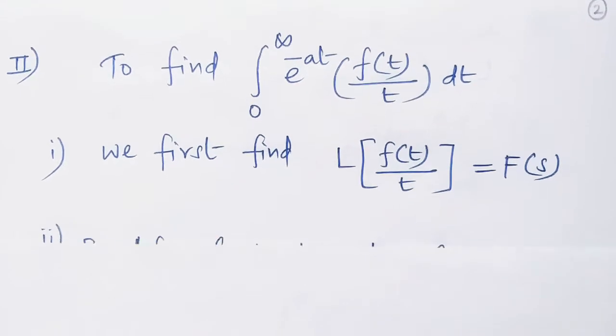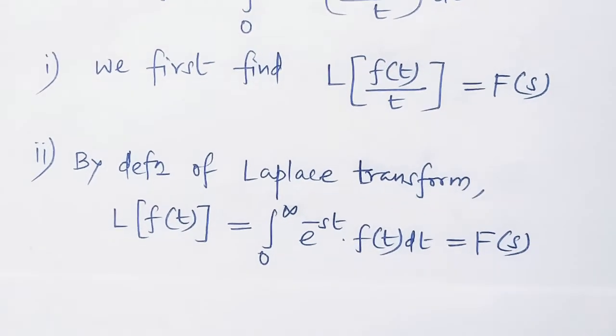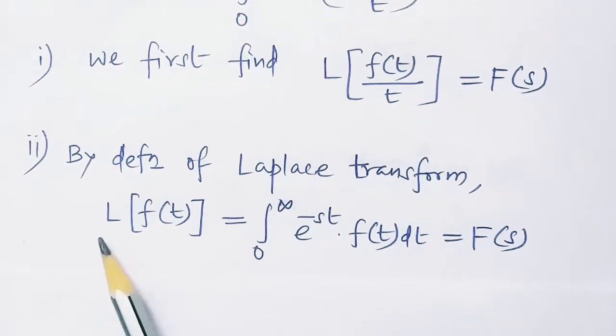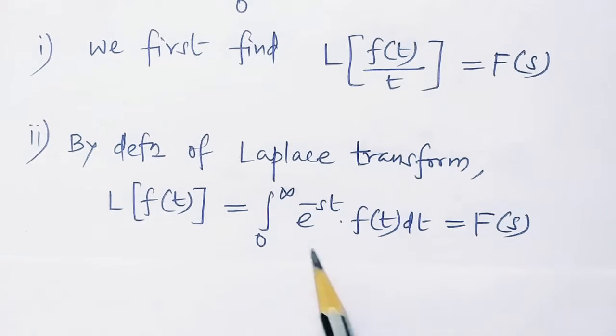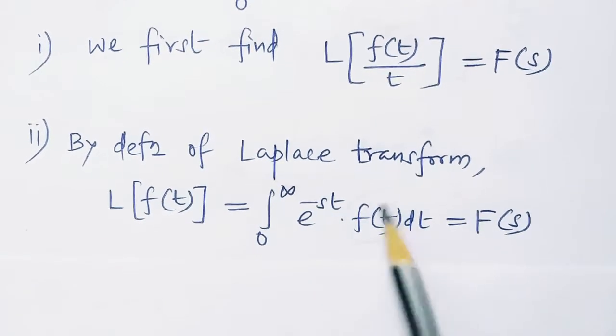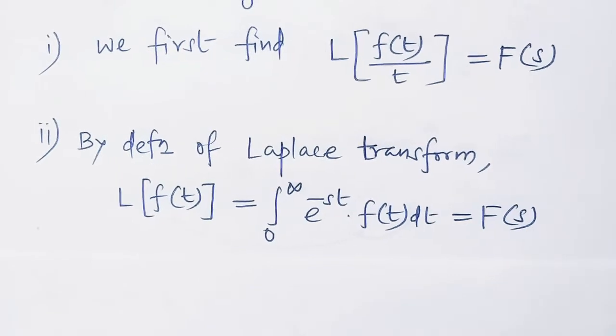Then again, by using the definition of the Laplace transform, we know that if f of t happens to be a real valued function, then Laplace of f of t equals the integral between 0 to infinity of e to the power of minus st f of t dt, that is equal to F of s.